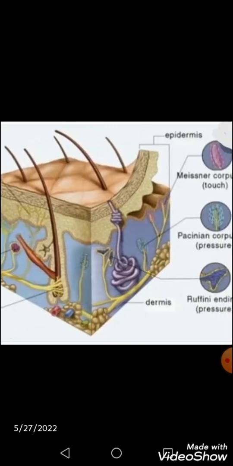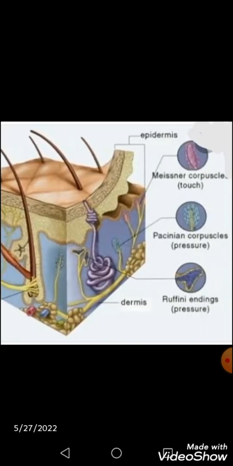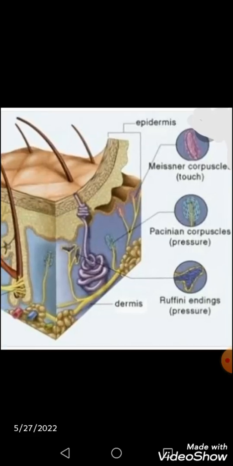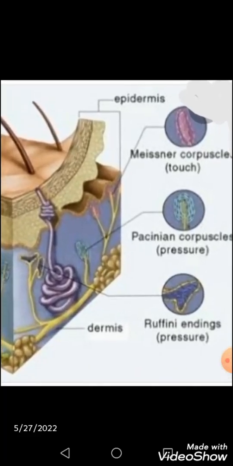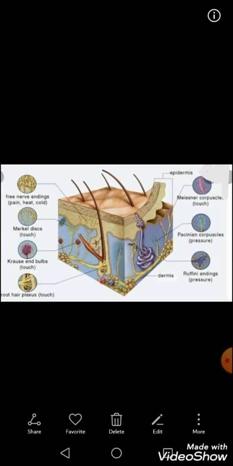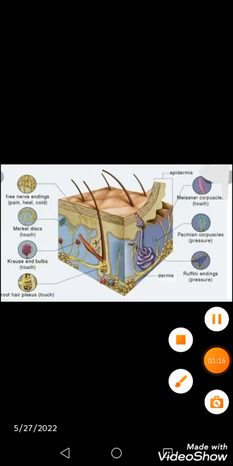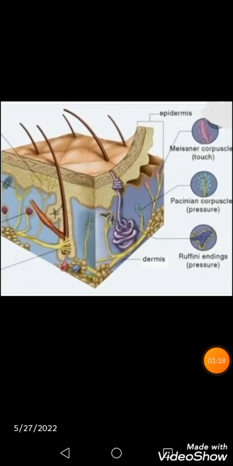And after that, let me tell you another one. After the deeper Pacinian corpuscle, you can observe the Ruffini nerve endings. They are meant to receive pressure sensations, or rather deep pressure, right? And then there is another variety.